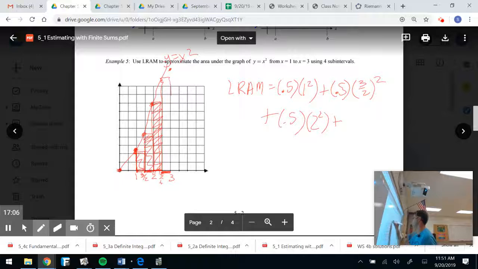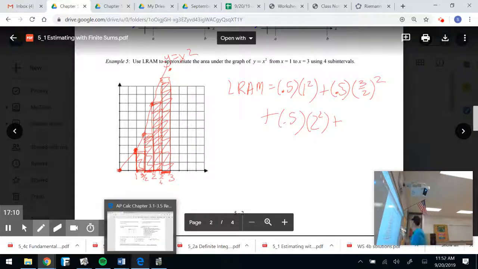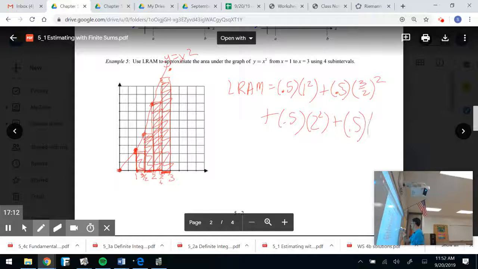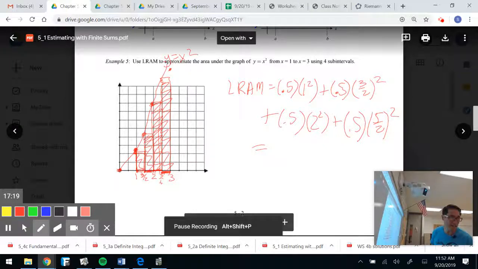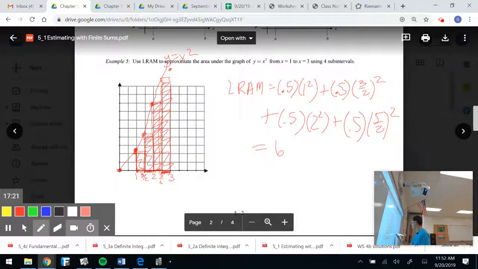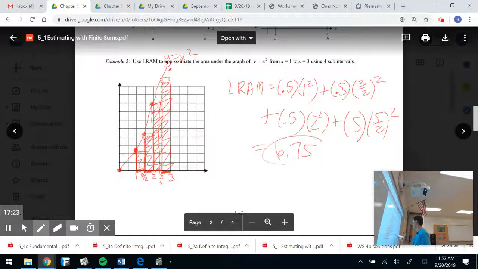Go up to the curve and come down. And I get all of that guy, right, class? So that would be 0.5 times 5 over 2 quantity squared. And my answer is 6.75, right? It'd be units squared, whatever we were talking about. They didn't give us any units, but that would be an example of LRAM.